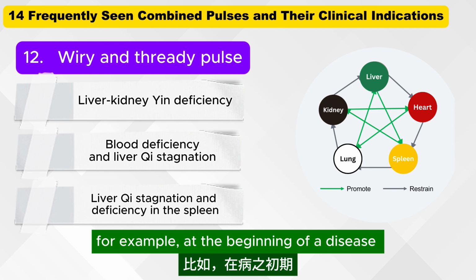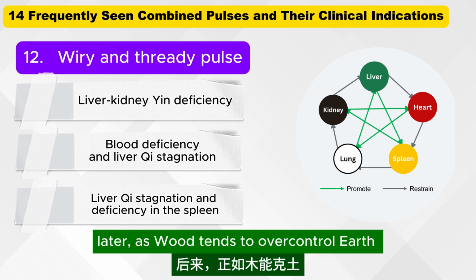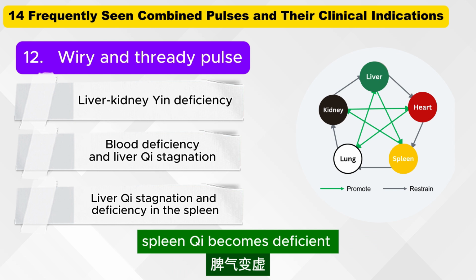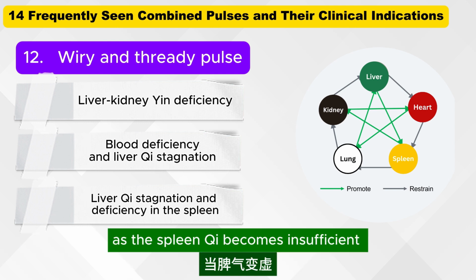For example, at the beginning of a disease, a patient has liver qi stagnation, which is an excess problem. Later, as wood tends to over-control earth, spleen qi becomes deficient. So you see liver qi stagnation coexists with spleen qi deficiency.